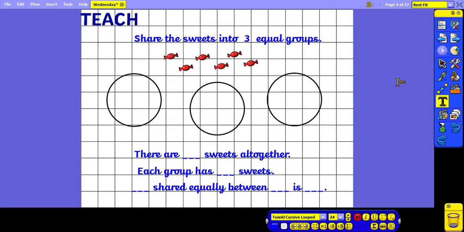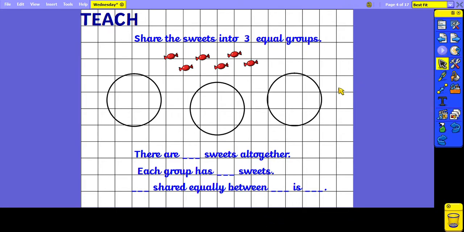So we are focusing on sharing today, and when we are sharing, we need to make sure that we share fairly or equally. So if we're sharing objects out, there should be the same number of objects in each group.